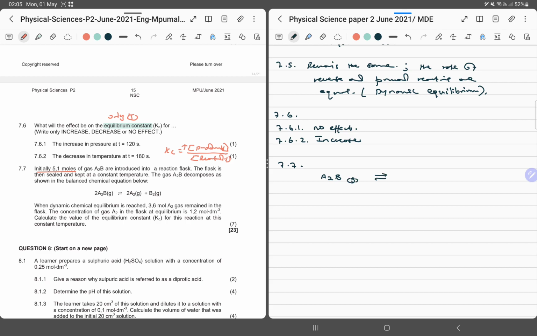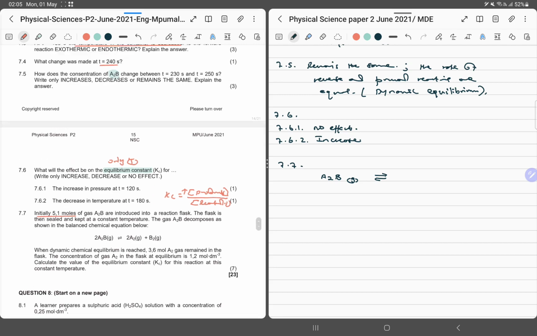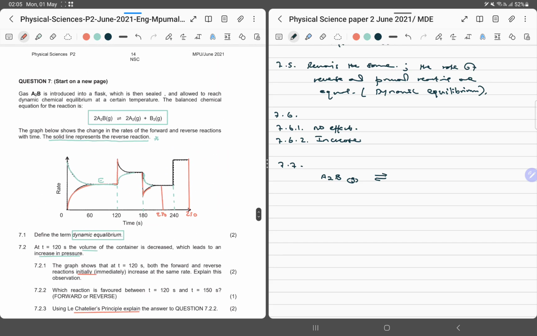A2B goes into, we need that equation now, 2 of gas A plus just a diatomic form of B. Okay, so there is 2 here. Sorry. Not a problem. So we've sorted that.